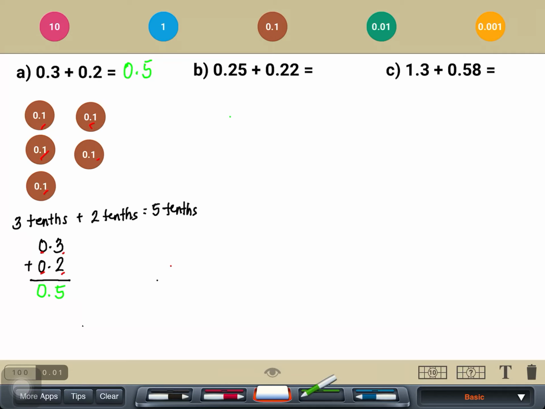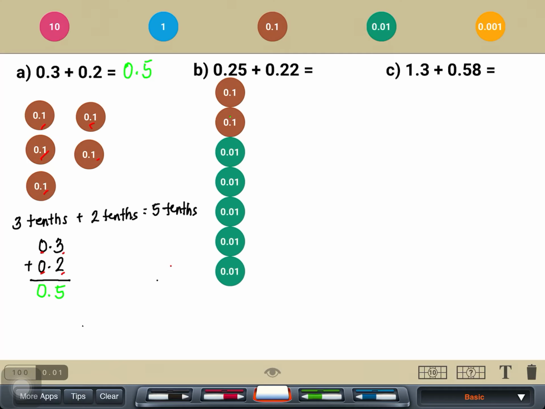Alright. Now, let's try letter B. Okay, for letter B, we have 25 hundredths plus 22 hundredths. So just like earlier, I will show you how to do it first and how to visualize it. So we have 25 hundredths, meaning in the 25 hundredths we have 2/10 and 5 hundredths. 1, 2, 3, 4, 5.